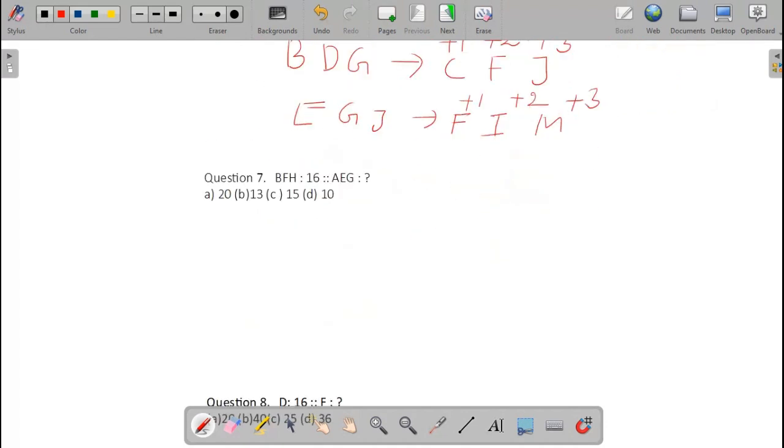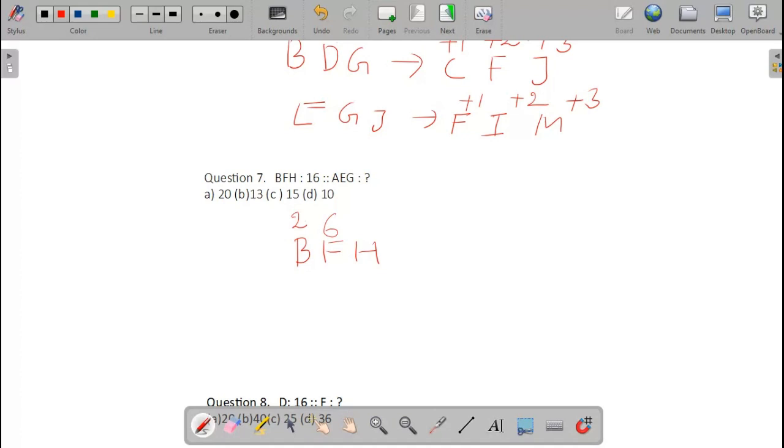Question 7. BFH is 16. AEG will be? Now here you see BFH. These alphabets are related with numbers. What is the alphabetical position of B? 2. What is the alphabetical position of F? A, B, C, D, E, F. 6.